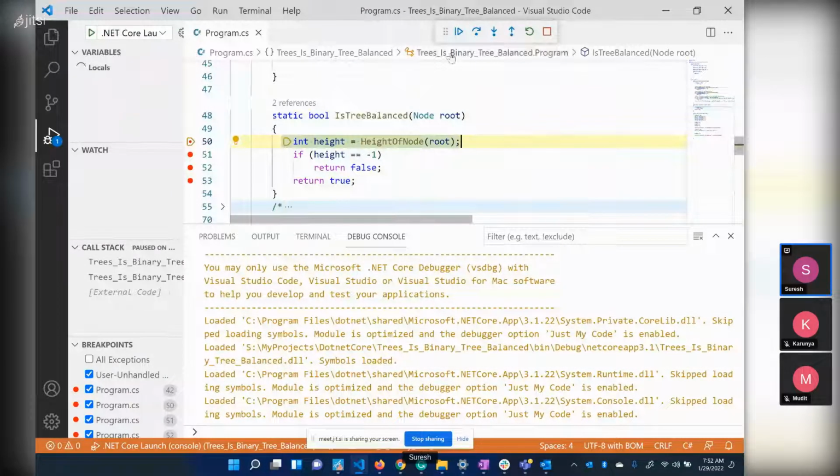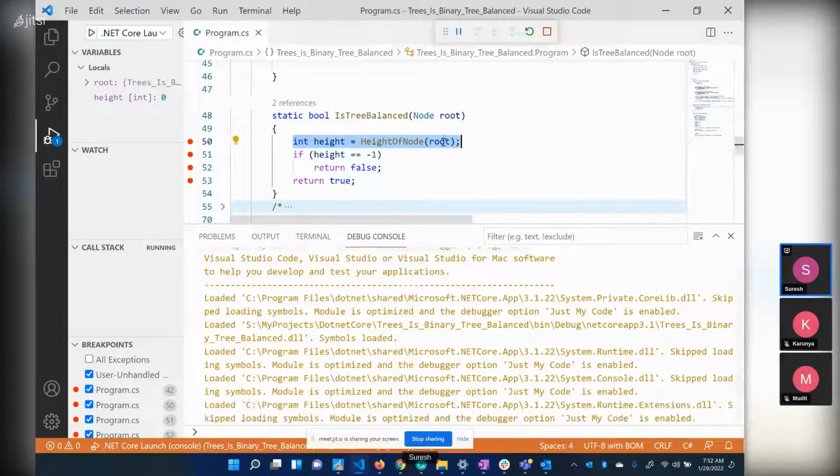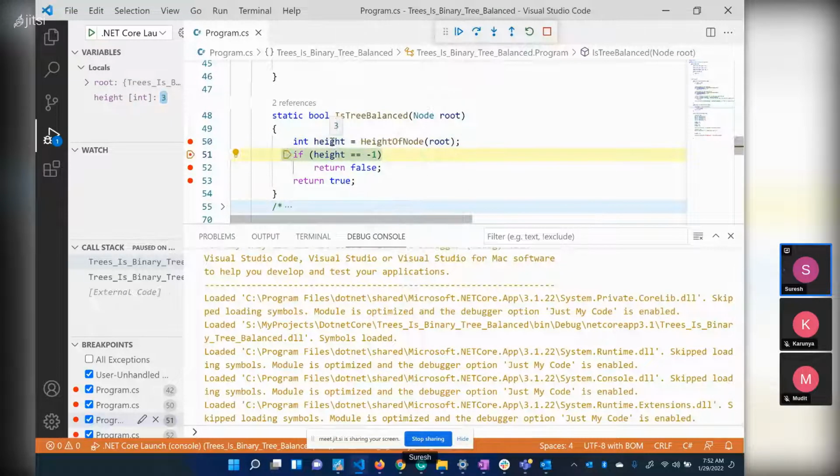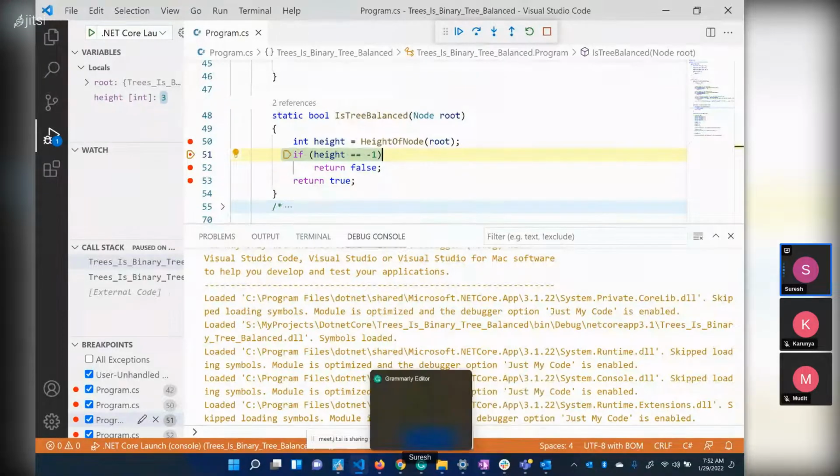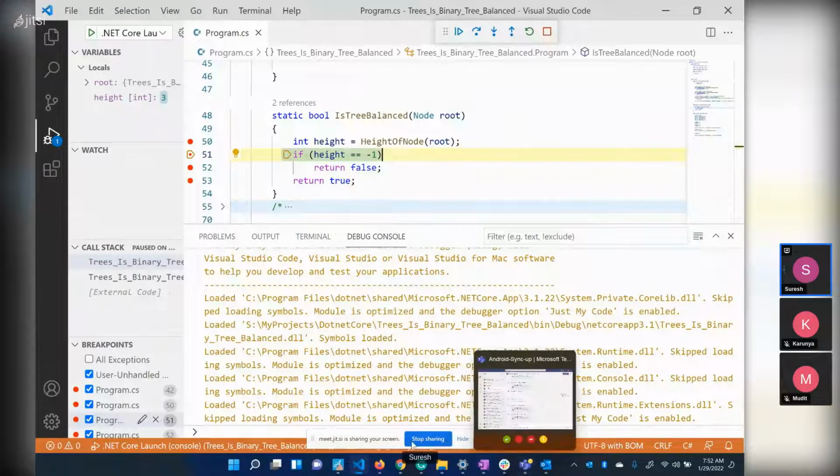Okay, go ahead, continue. What is the height? 3. Okay. Got it? So it will go the same way. As I said, it will execute one by one. It will recursively execute, and finally we will get the height as 3.